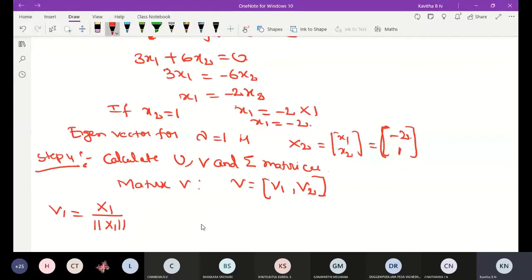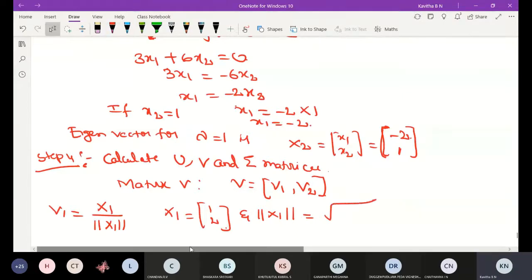And the normal length of vector x1 is square root of 1 square plus 2 square. Means what will we get here? Square root of 1 plus 4, we are getting square root of 5.